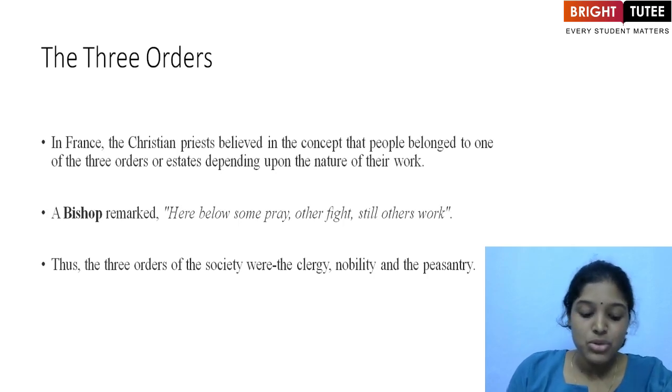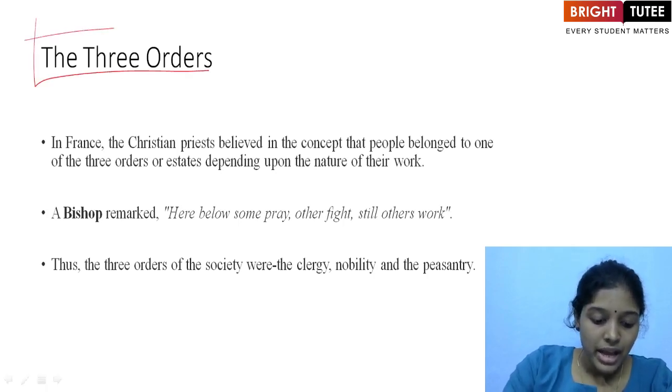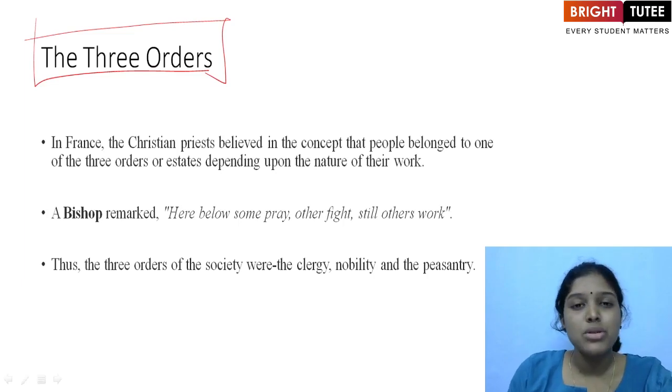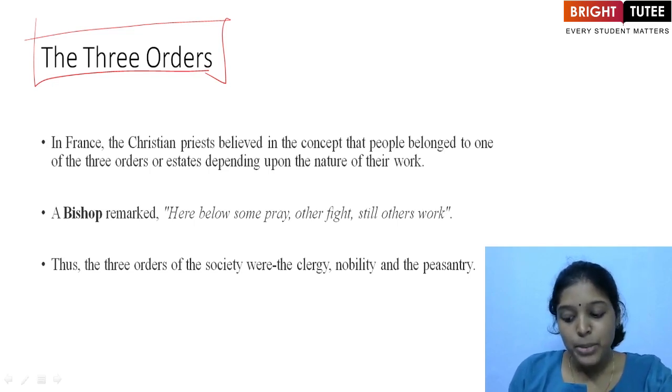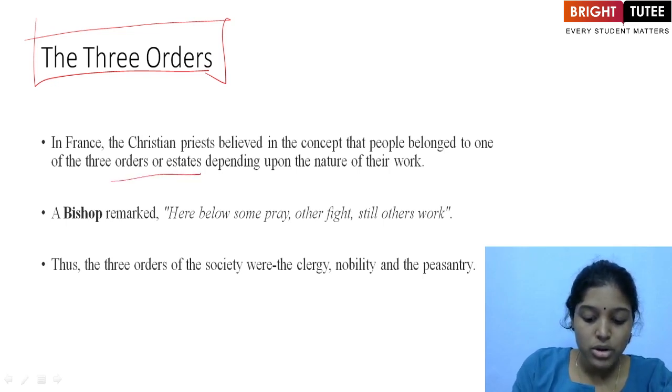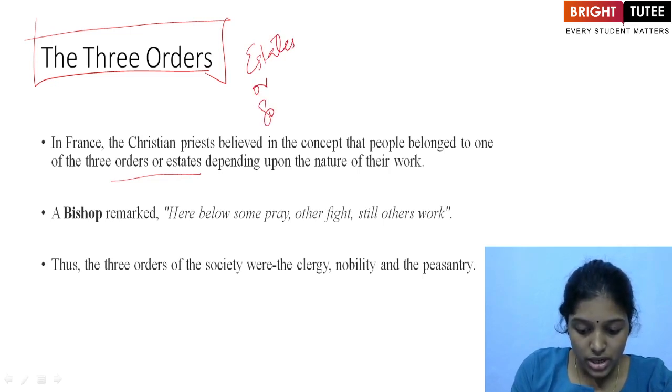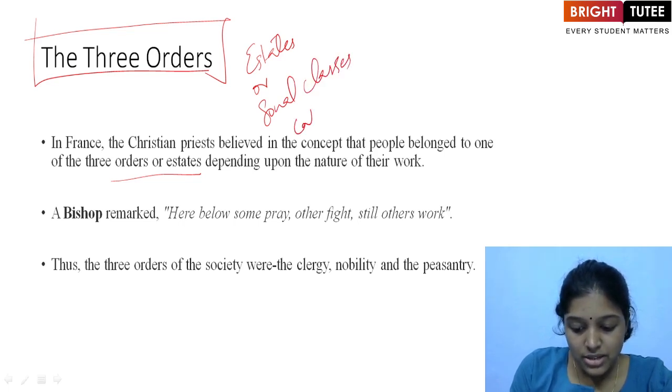And now we come to the three orders. That is the major focus of this chapter, because these three orders are integral to the feudal structure. In France, the Christian priests believed in the concept that people belong to one of three orders or estates. These orders are also called estates, social classes or categories.